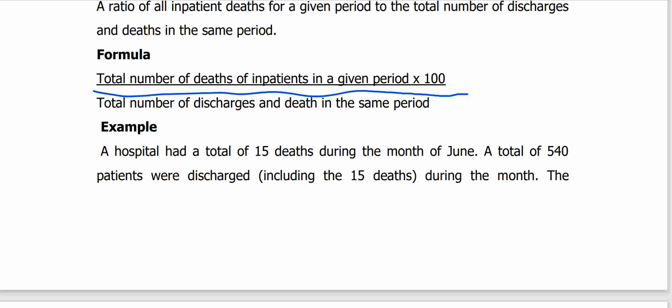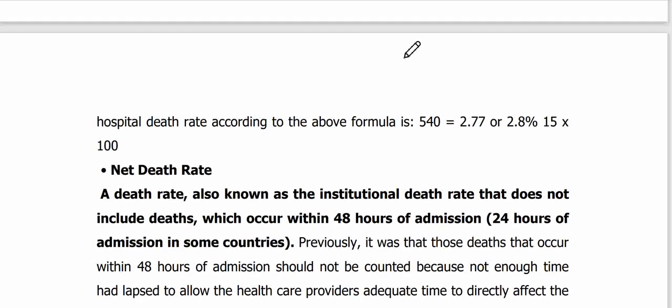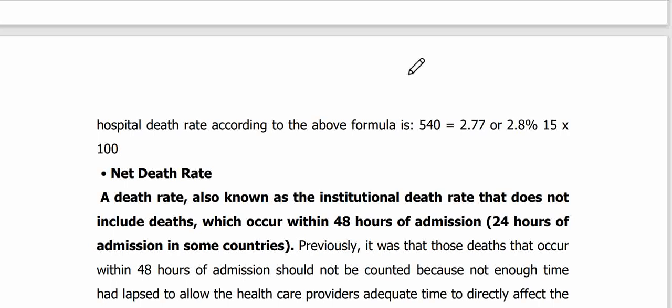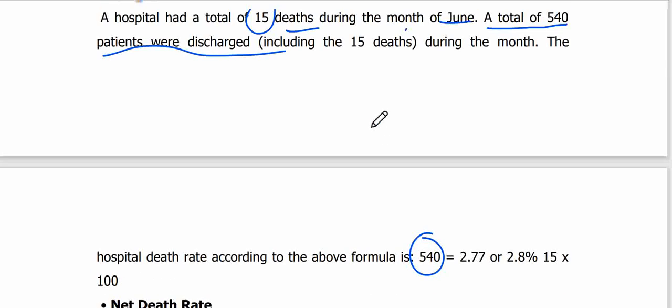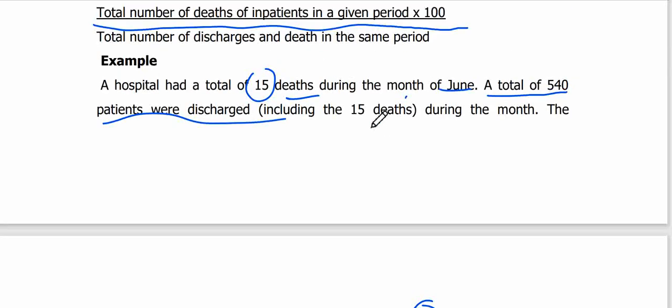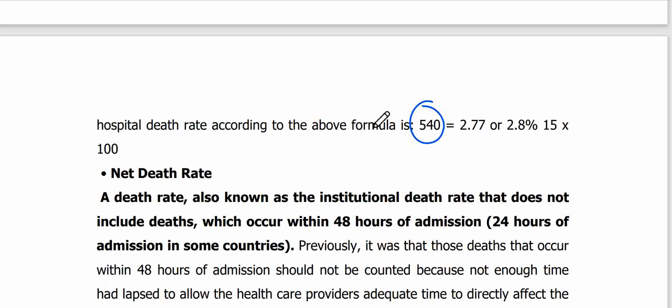For example, a hospital had 15 deaths during the month of June. A total of 540 patients were discharged, including the 15 deaths during the month of June. So the death rate according to the above formula is 15 over 540, which is the total patients who were discharged, equal to 2.7.